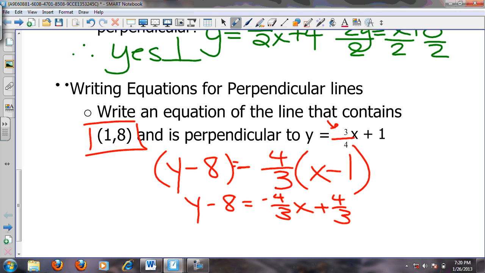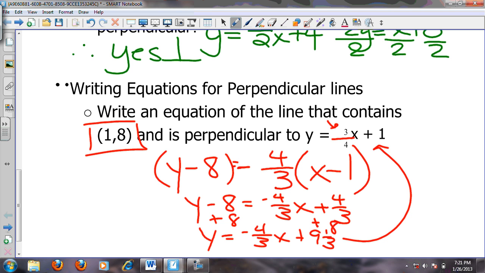Okay? Add 8 to both sides. Then y equals negative 4/3 x plus 9 1/3. These lines will be perpendicular because their slopes have been flipped and made opposite. That concludes video 1.